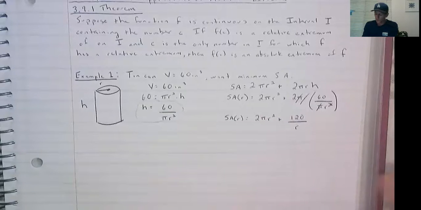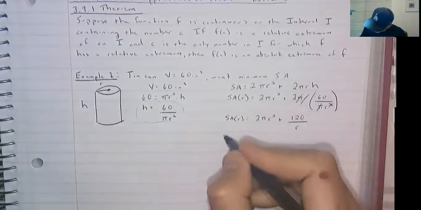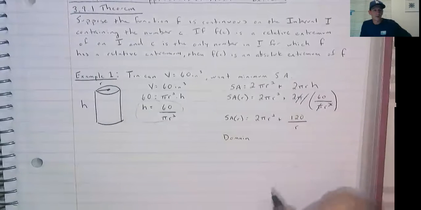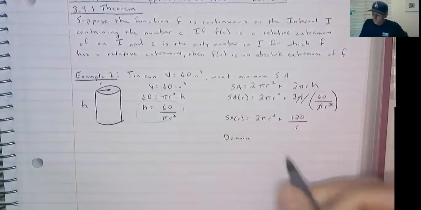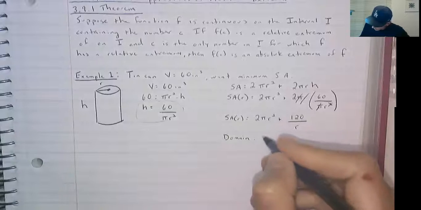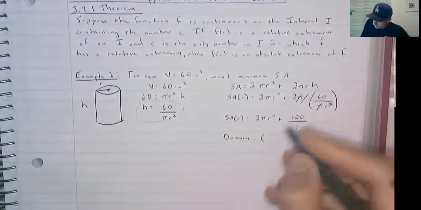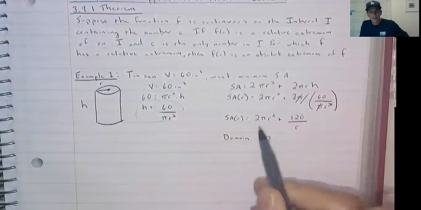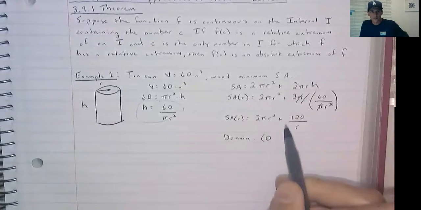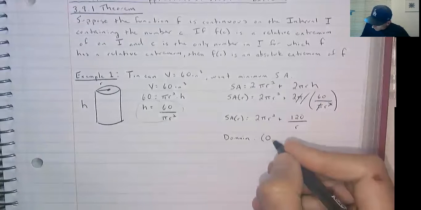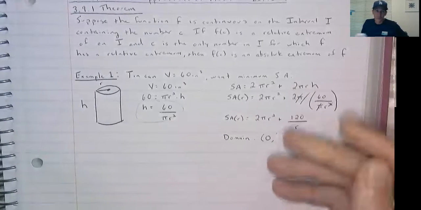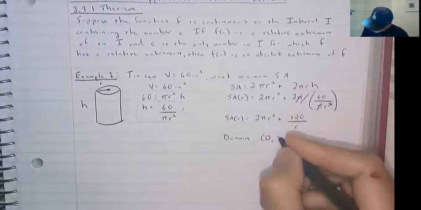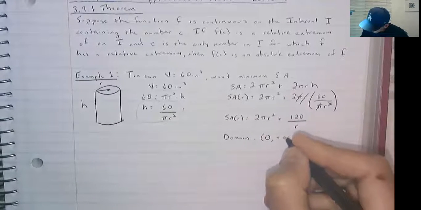So the domain of this guy here, and the reason that the extreme value theorem is a non-starter for us, is that the endpoints of our domain are open. Starting at 0, this is not going to be closed because you can't have a 0 radius in this function. And then really, it would be weird, but you could extend this radius as big as you want. And so this is a positive infinity.